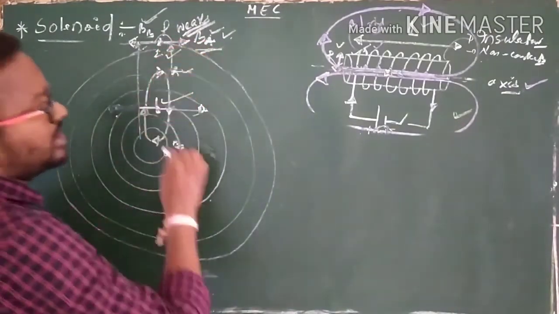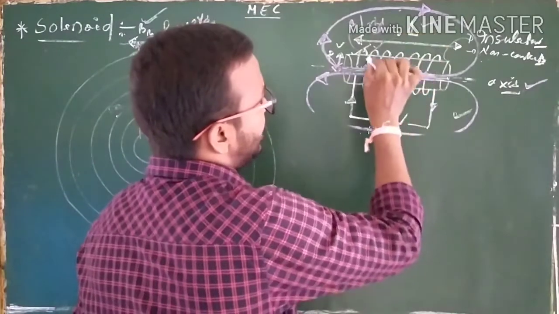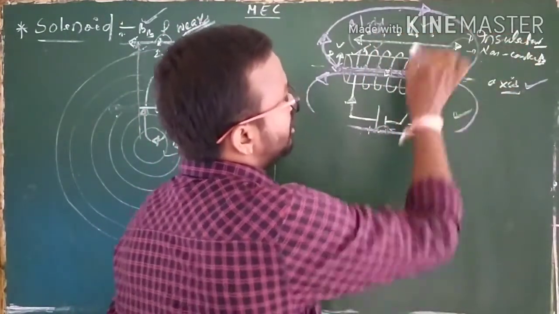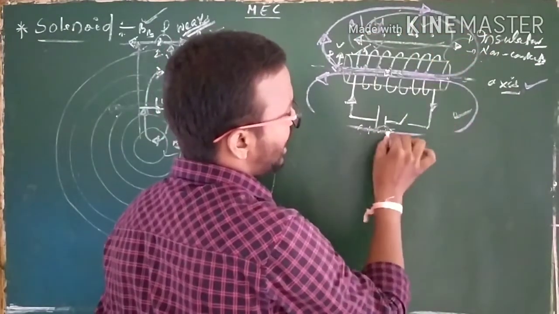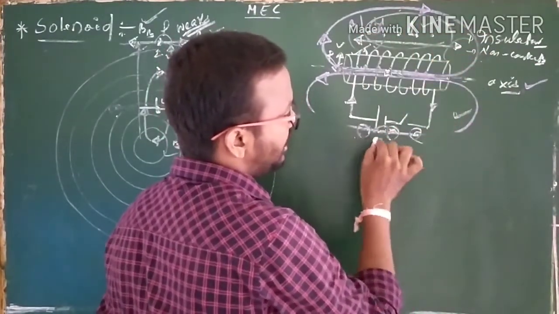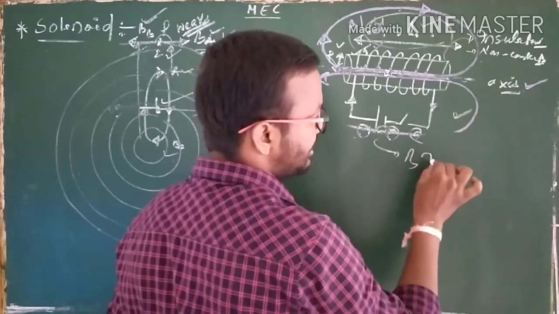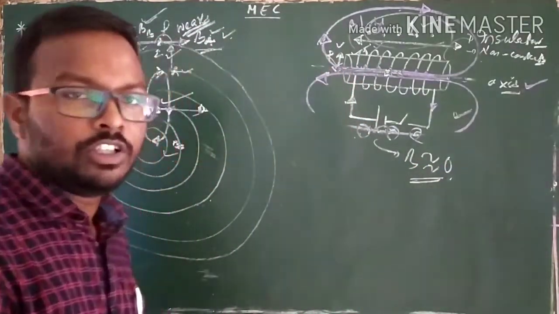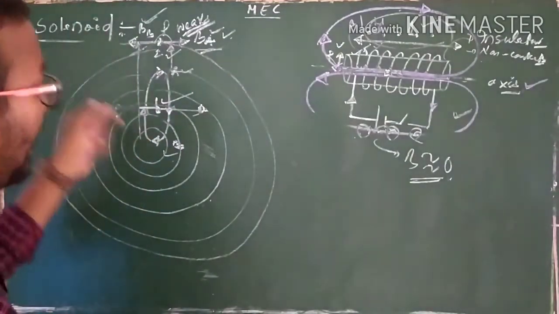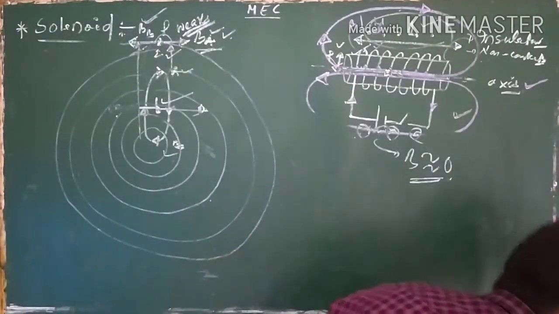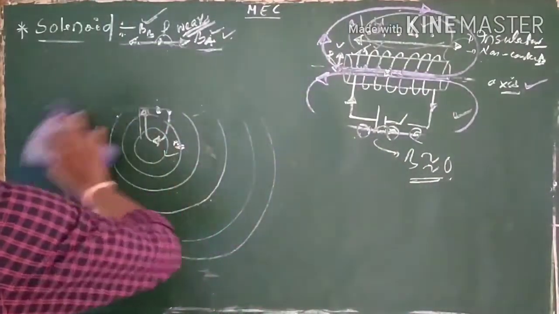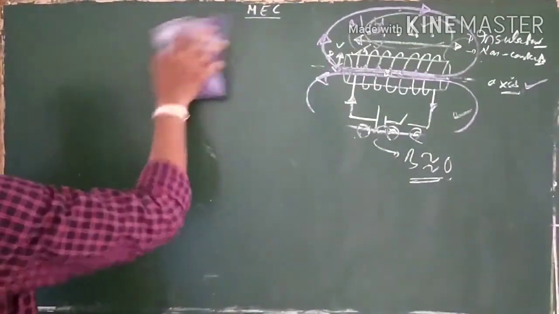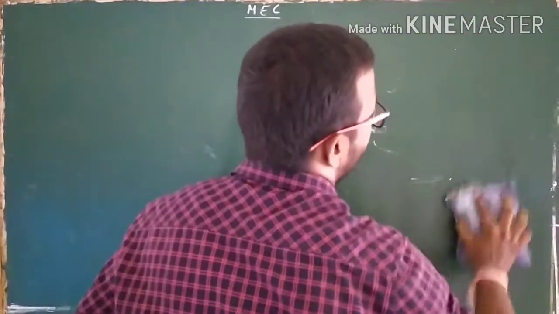So this is an outside point, due to one turn, second turn, third turn, fourth turn, and a number of turns. This is also an outside point. Here the magnetic field strength is very weak and can be treated as 0. So this is the assumption of an ideal solenoid. Clear? Okay.